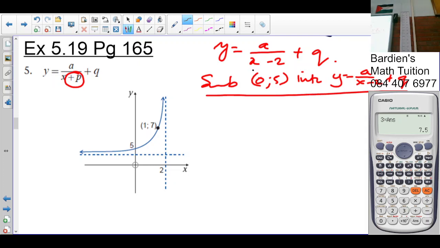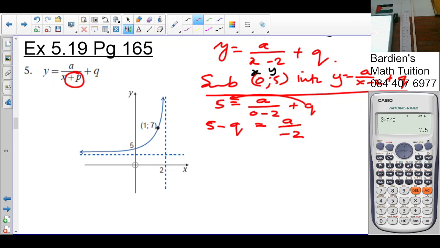Remembering that's an x and a y. So we have 5 is equal to a over 0 minus 2 plus q. Take it over, becomes 5 minus q equals a over negative 2. Okay?